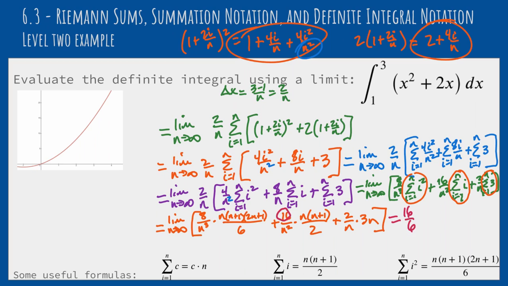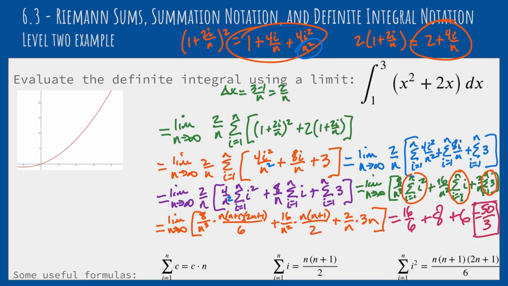In the second one, we're going to have 16 times n is 16n squared. And on the bottom, we're going to have 2n squared. So we're going to have plus 8. And then the last one, this actually doesn't even depend on n because the n's cancel and we get plus 6. So the last thing I'm going to do here is just some simplifying. We have 8/3 as our first one, plus 42/3 is going to be 50/3.